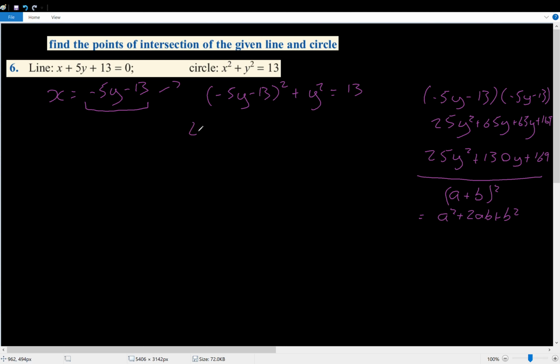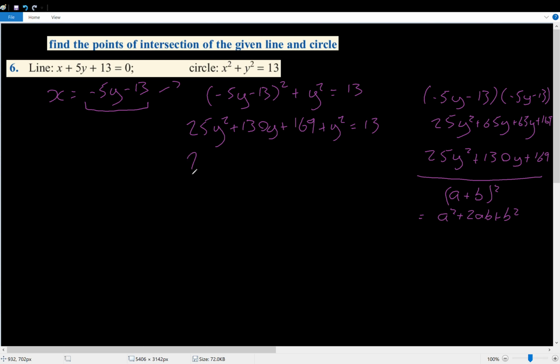So we've got 25y squared plus 130y plus 169 plus y squared is equal to 13. So we're going to add the y squareds and bring the 13 over.